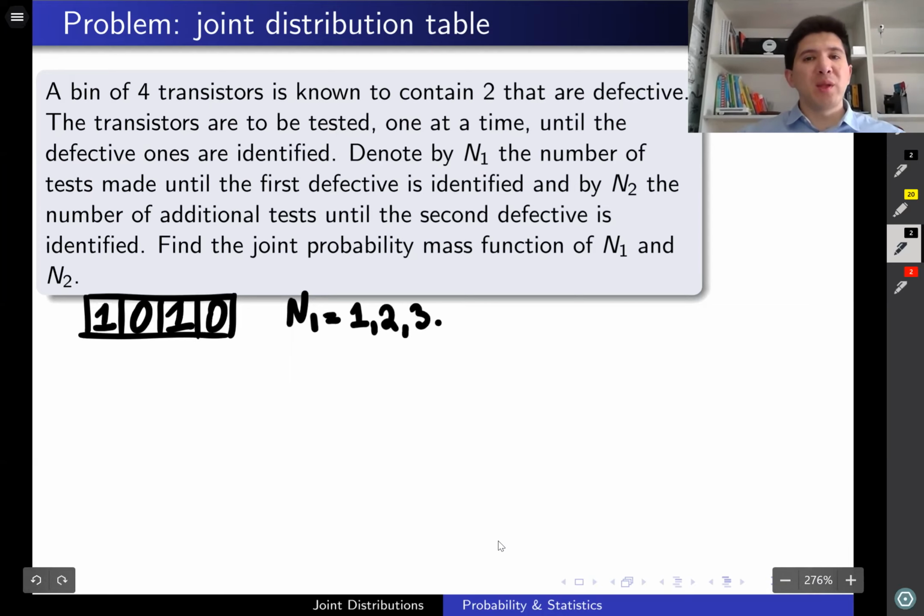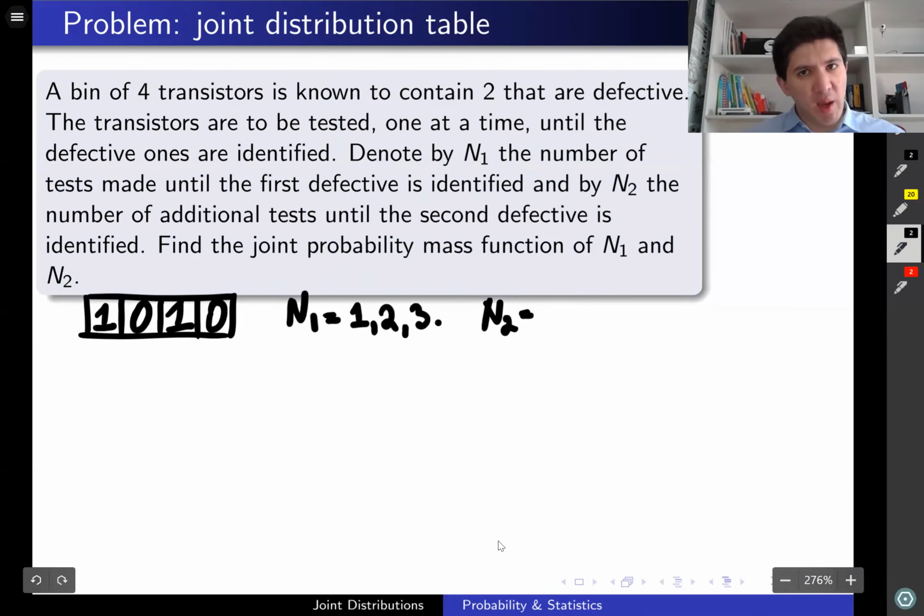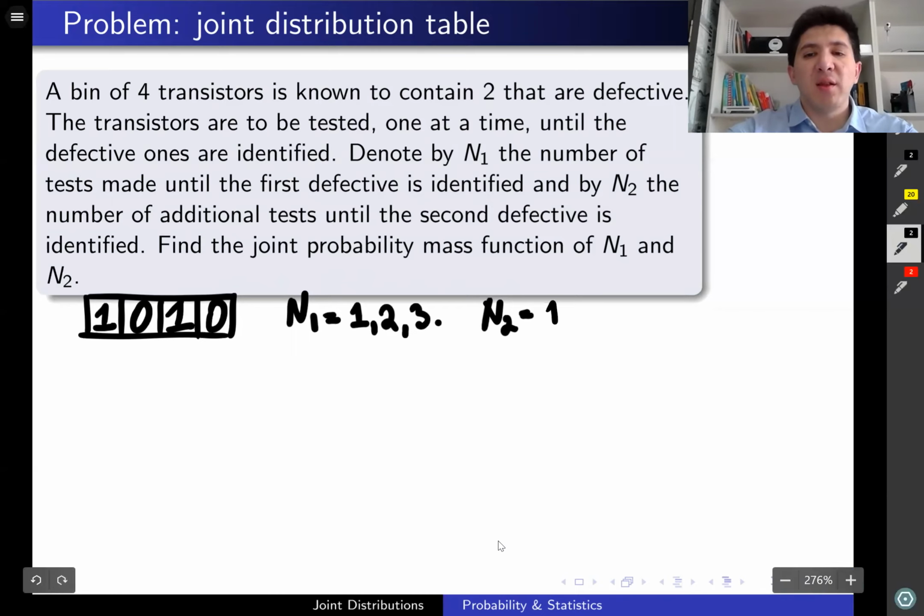No, because choosing the first defective transistor on the fourth trial would mean that we have all 3 non-defective transistors already chosen, but there are only 2. N2 is the number of additional trials which we need in order to find the second defective transistor. So N2 might take the values 1, 2, and 3, right?